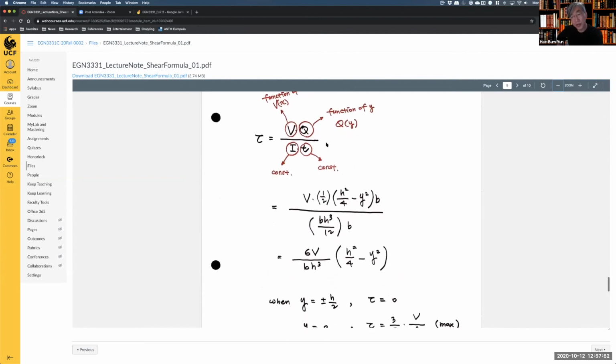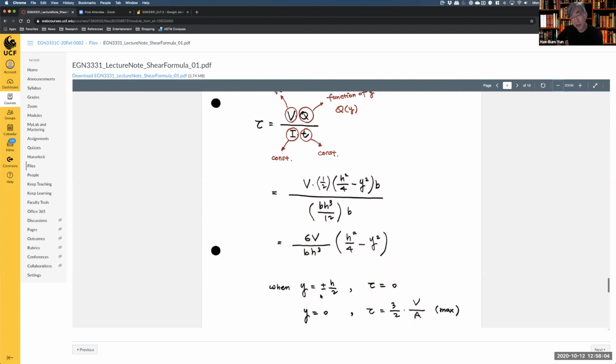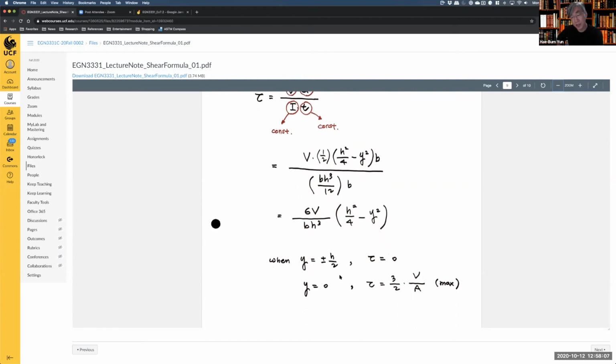Knowing that, we plug that in. Tau is VQ over IT, and then everything simplifies. Tau is 0 at the top and bottom, and at the middle, tau is 3 over 2 V over A. Isn't this familiar to you, V over A?